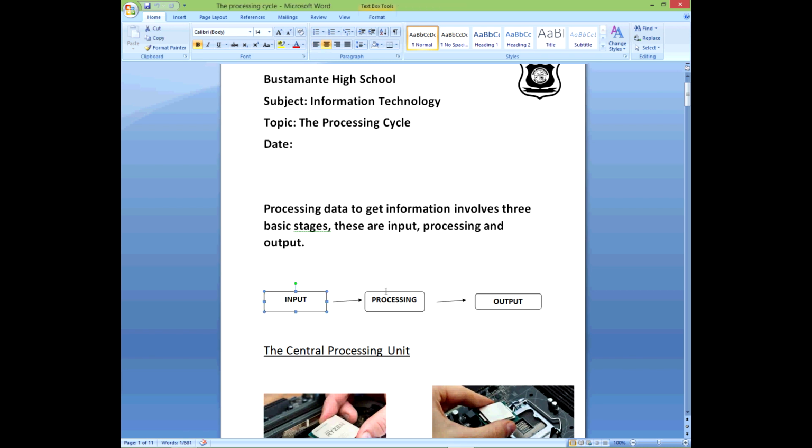I might give you this diagram, leave out one, and you might have to write in the one that is missing. Remember, this is the basic stage of processing, so bear in mind that we have more complicated examples. This is just a simple way of getting you to envision it in your mind.